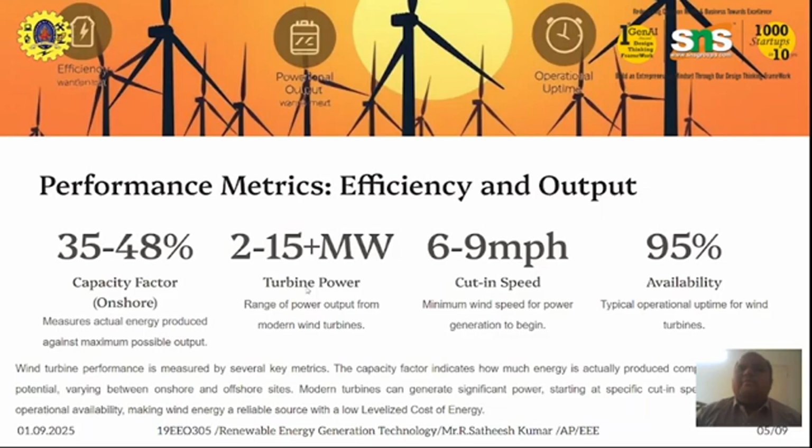Then the turbine power ranges up to 2 to 15 megawatts. Then cut-in speed is 6 to 9 miles per hour. Then 95 percent availability, that is the typical operating uptime for a wind turbine.